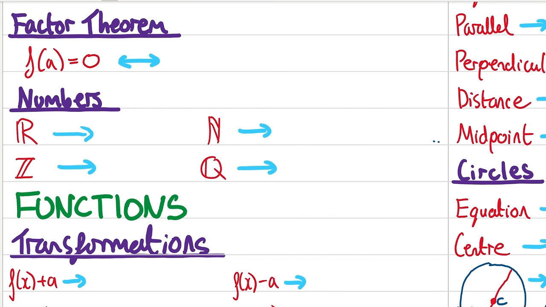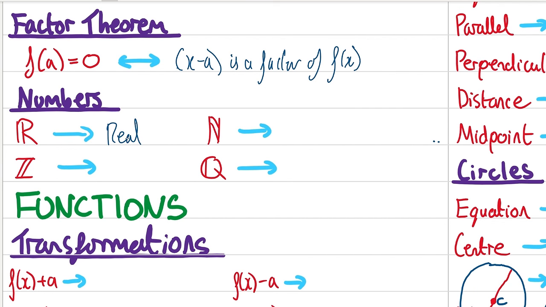Factor theorem: if f of a is equal to 0, then that implies that x minus a is a factor of f of x, and that works both ways. Different sets of numbers. R is the real numbers, N is the natural numbers which start at 1, 2, 3, 4, etc. Z is the set of integers, and Q is the set of rationals.